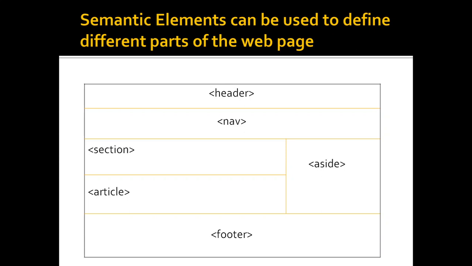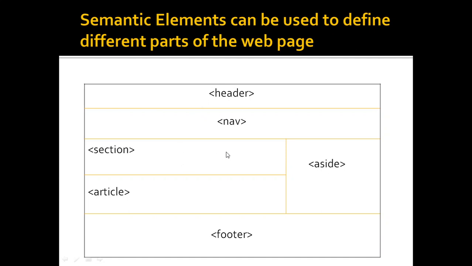Now, we can view here that the new semantic tags are going to get some fixed position, or are going to be placed on different areas on the web page. So, semantic elements can be used to define different parts of the web page.